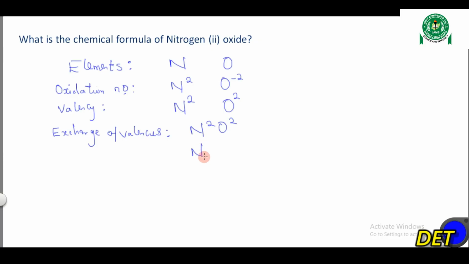So that would be N2O2. Since both are factors, what I can simply do is cancel them out. So 2 cancels out 2, and what I now have is NO. This is the chemical formula of nitrogen 2 oxide. It is very simple and straightforward.